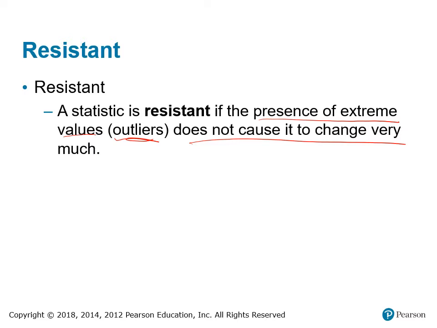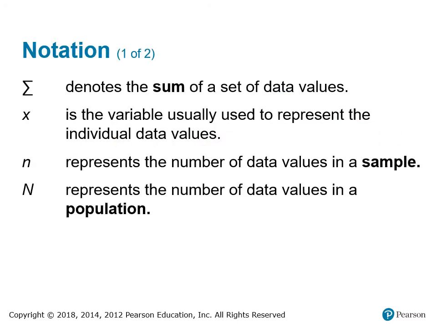If you have a very, very high or very, very low value in your data set, and you have to add all your values up and divide by the total number, that extreme value could drastically affect what the mean will be. But that's not the case with every measure of center. So this idea of our measure of center being resistant is that outliers don't have an effect. For mean, they do, so it's not resistant.